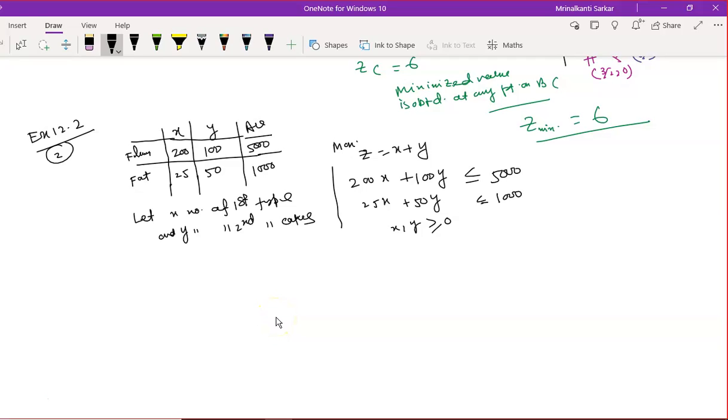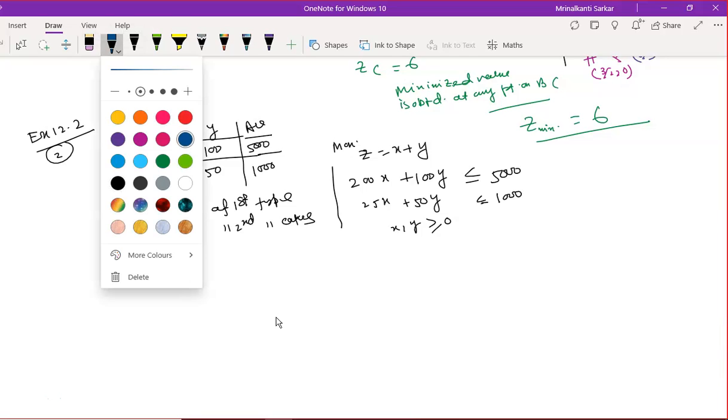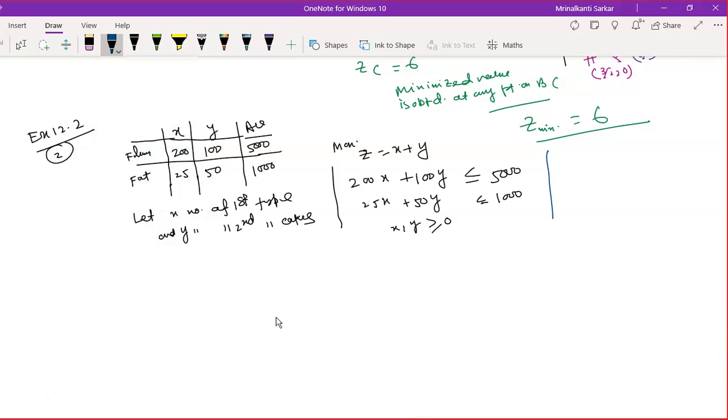To solve this, again, we will treat the given inequations as equations only. The first one: x by 25 plus y by 50 equals 1, and the second one: x by 40 plus y by 20 equals 1, and x, y greater than or equal to 0 already there.